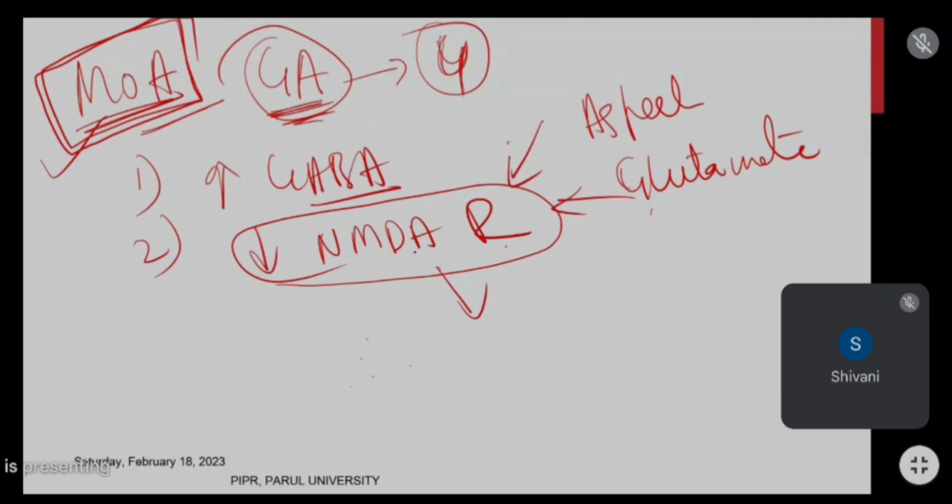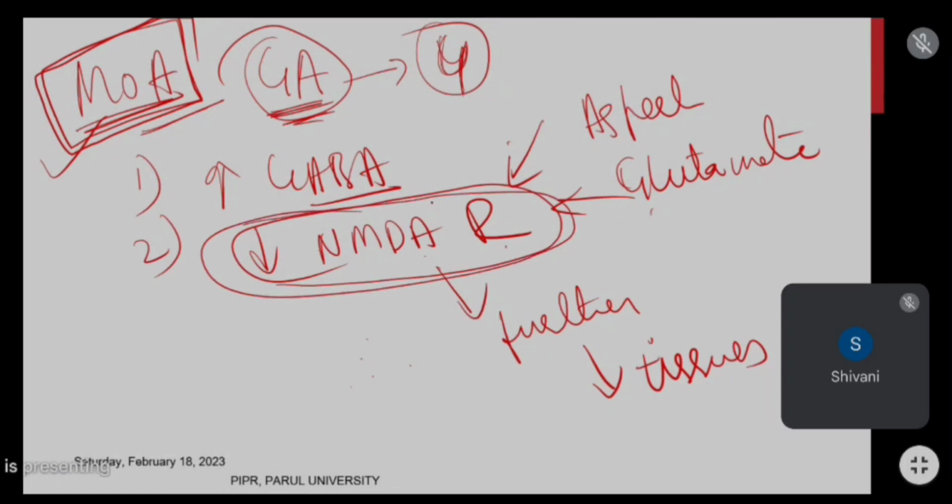When they fall on the NMDA receptor, NMDA activates and further sends the information to the tissues. So general anesthetic agents decrease the actions of the NMDA receptor. When NMDA receptor activity is decreased, the patient will have anesthesia. This is the second mechanism.